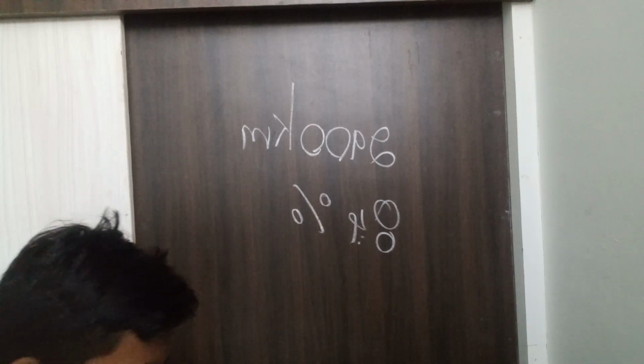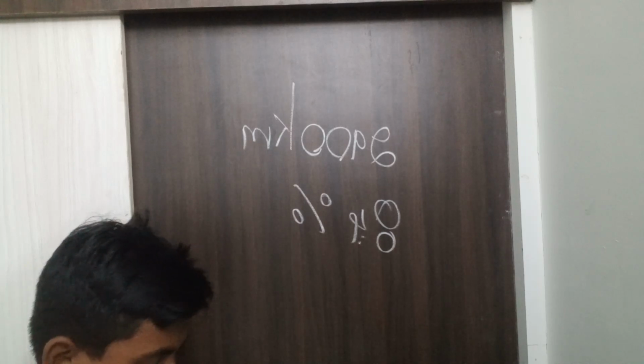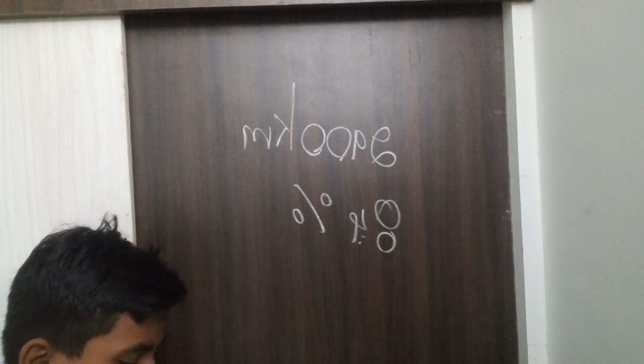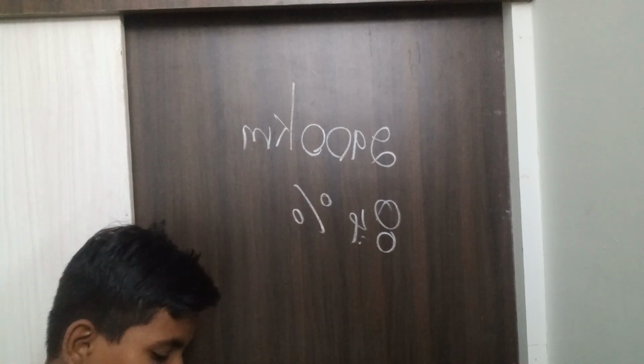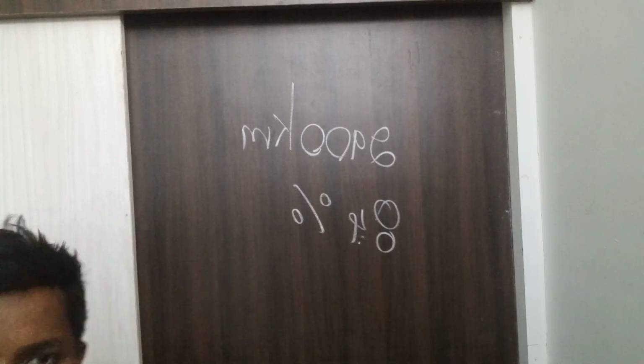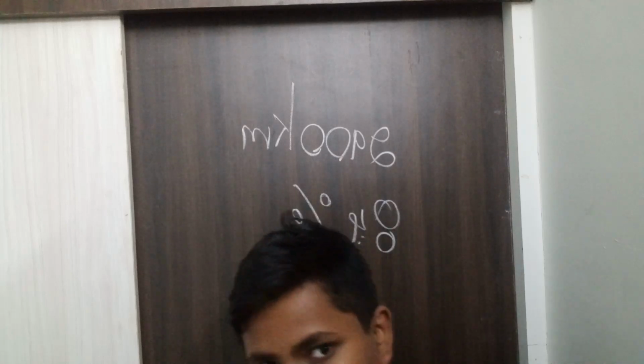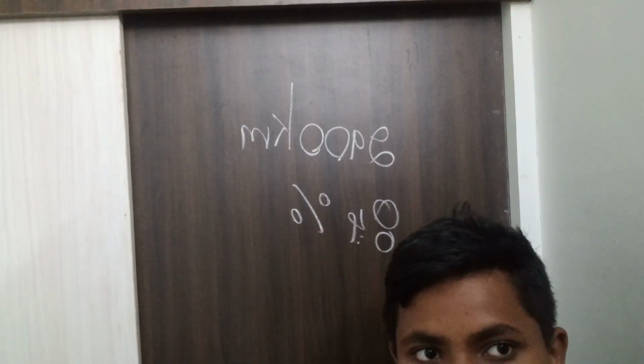The lower mantle is solid due to high pressure. As the pressure increases towards the interior of the earth, the density also increases. When we go inside, the temperature keeps increasing.